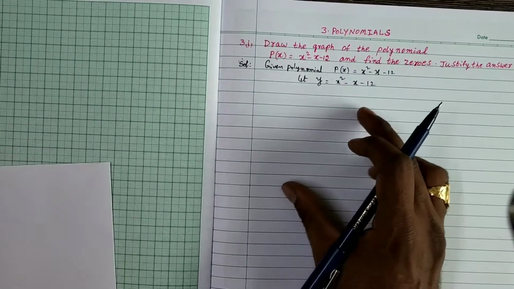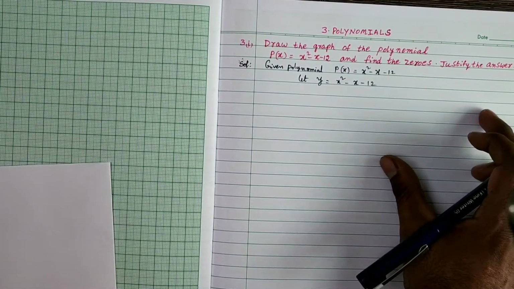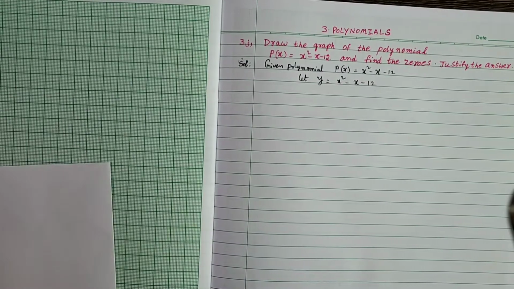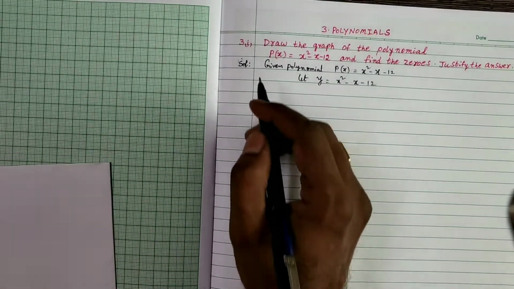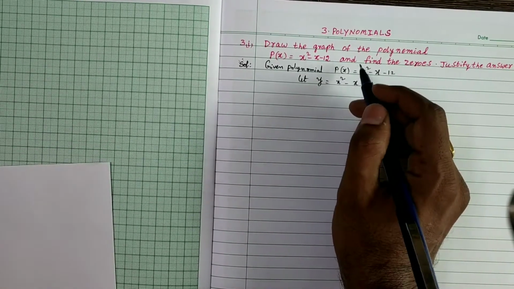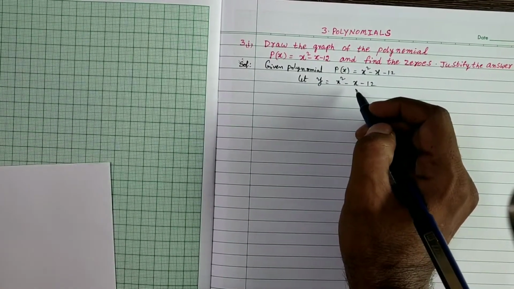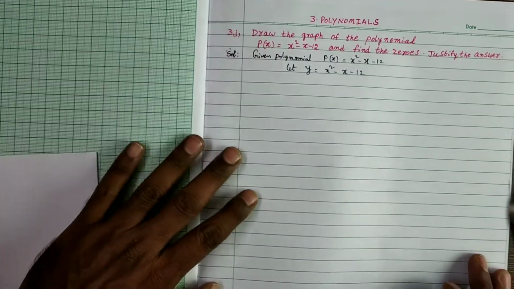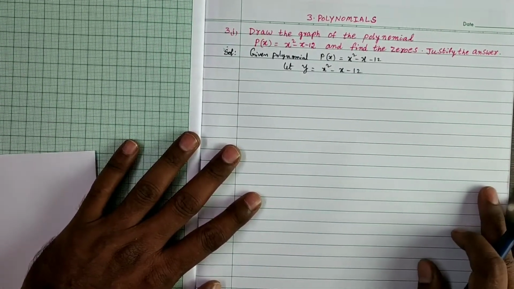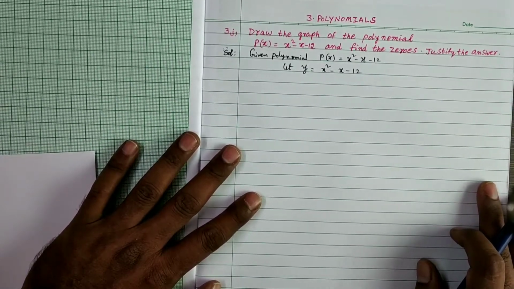By using some ordered pairs, we have to draw the graph of the polynomial and we have to find the zeros. So, to take the values of x, substitute the values of x, it is a little bit confusing. So, I suggest you first do rough work and find the zeros. To find the zeros, there are 3 methods.